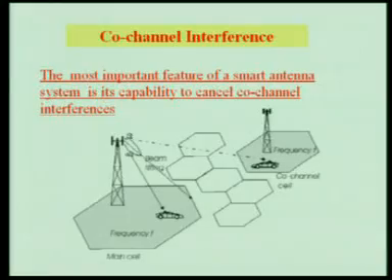When you are considering mobile communication technology, the main drawback of that technology is co-channel interference. What is that? That means two cells that are using the same frequency. That is what is known as co-channel frequency.